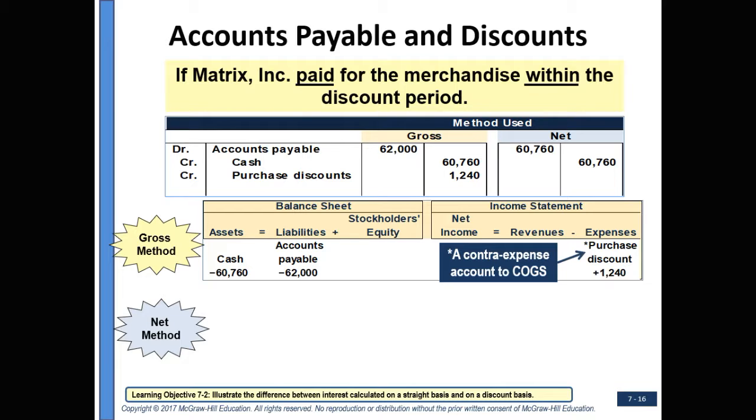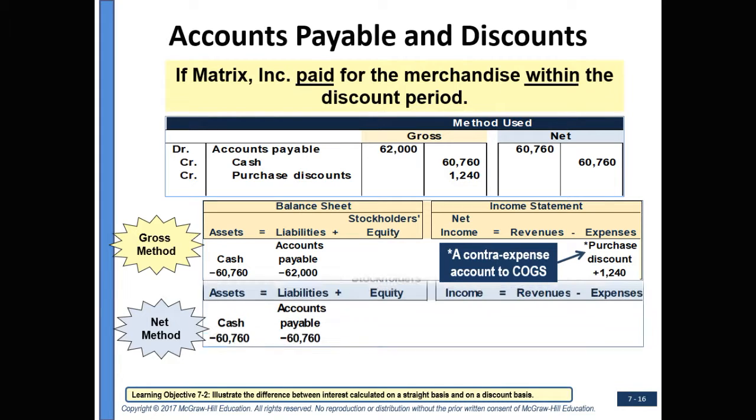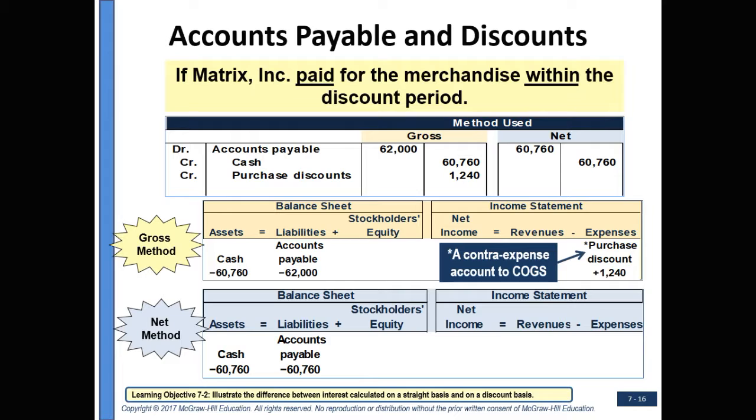Liabilities decrease by $62,000, and a contra expense account will increase by $1,240. Based on the net method, when the payment is made within the discount period, accounts payable is debited for the $60,760 and cash is credited for $60,760. Assets and liabilities are both decreased by $60,760.